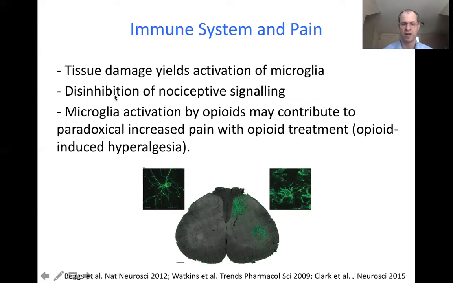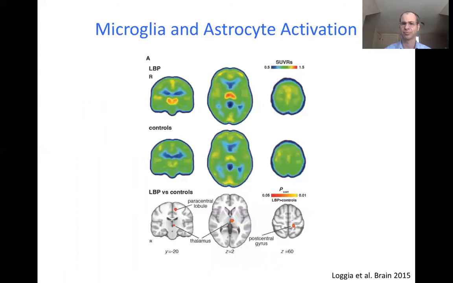This can involve disinhibition of nociceptive signaling. It is controversial, but it may be that microglial activation by opioids may actually contribute to the paradoxical increased pain that can occur with opioid treatment, and this is known as opioid-induced hyperalgesia.